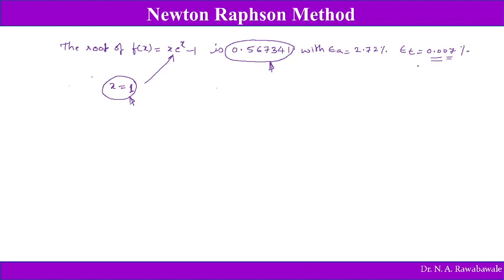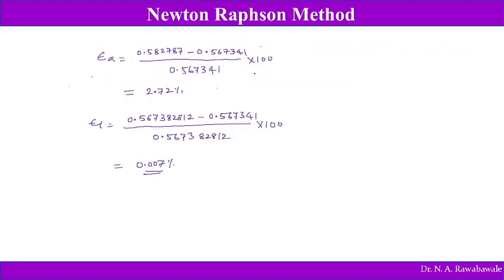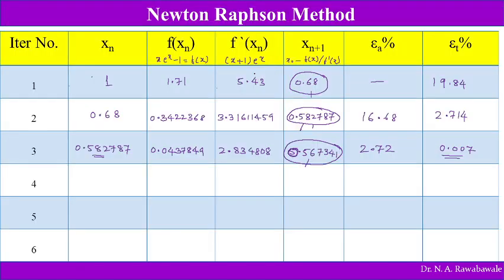So still we have an opportunity to improve this answer, and we can proceed further by repeating these iterations, so that this error can be reduced further. So there is scope of reducing these errors in the next iteration.